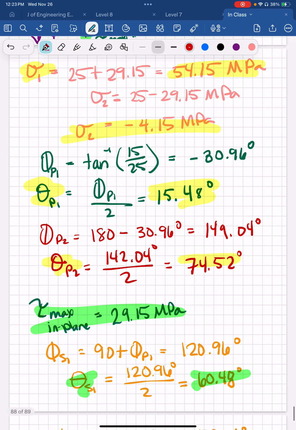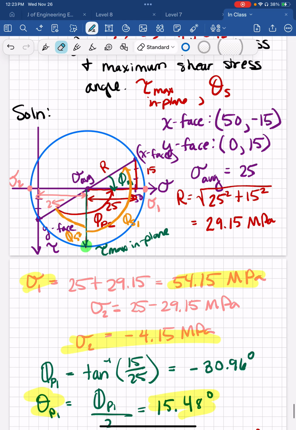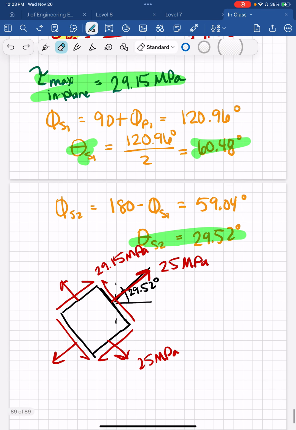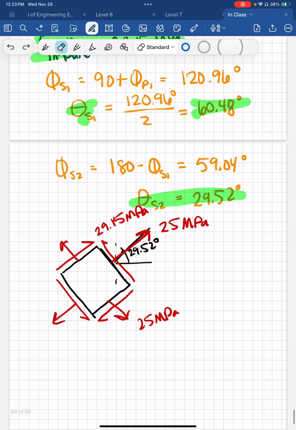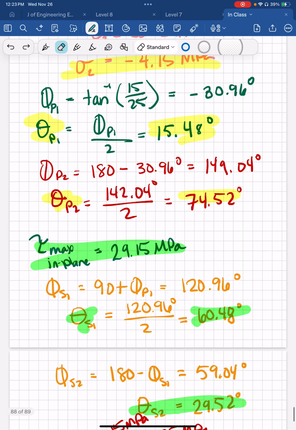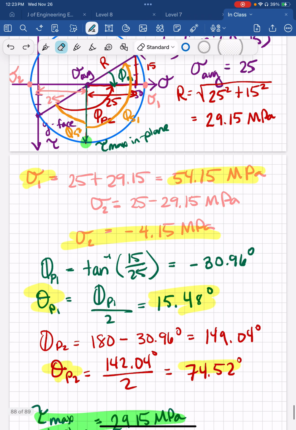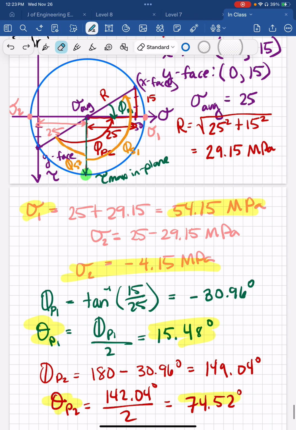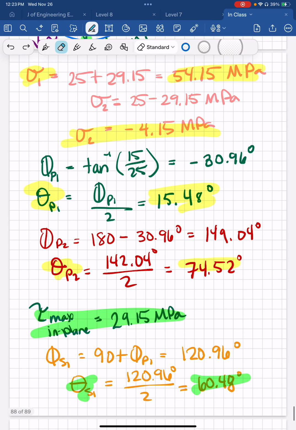And just to show why that's the average, the maximum in plane is down here at this bottom point, and that's where the stress average is. And so that's why that looks like that one. And then for the other one, we had stress one was 54.15 megapascals, and stress two is negative 4.15 megapascals.